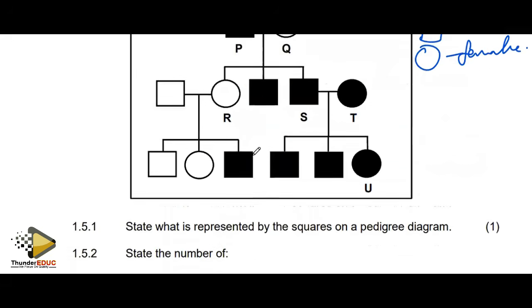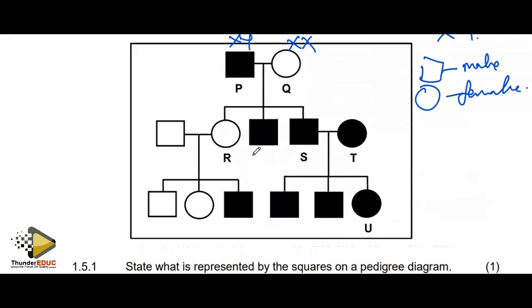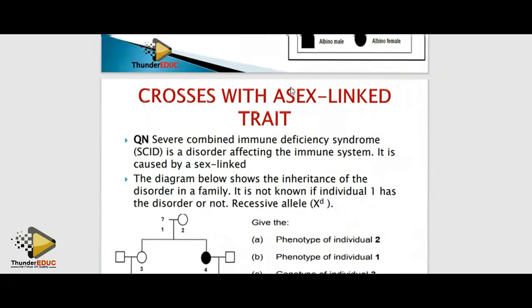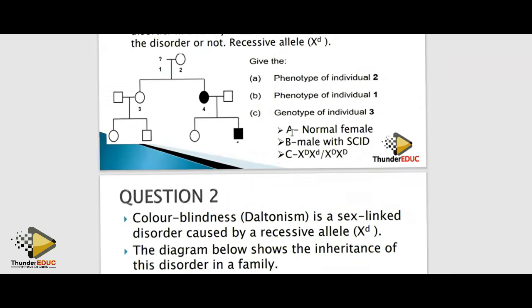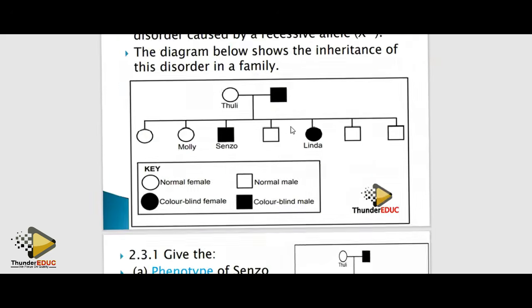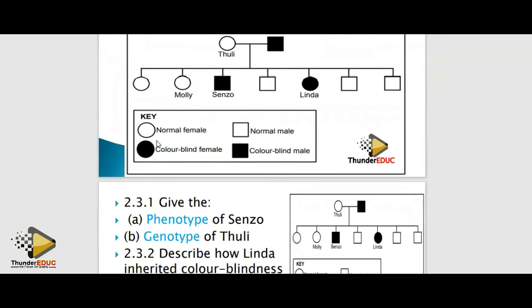Yes, because we have many questions concerning the pedigree diagram. Yes, this is a sex-linked disorder, so whenever you see sex-linked, a box means a male, while a circle means a female.